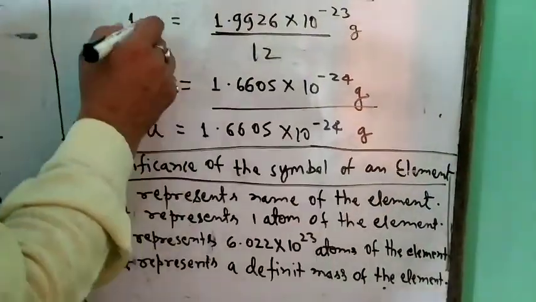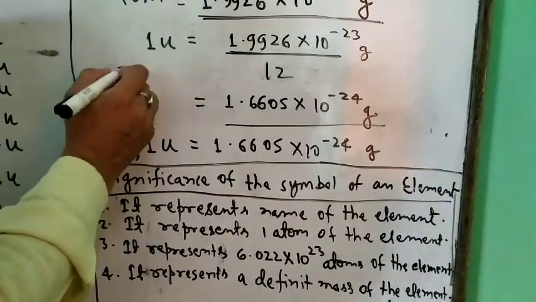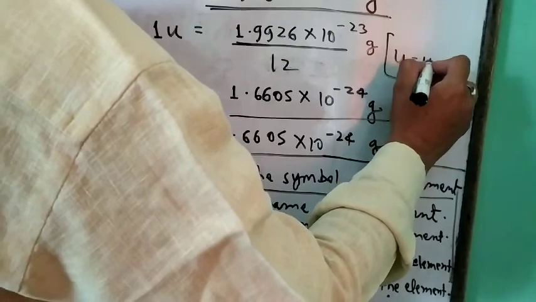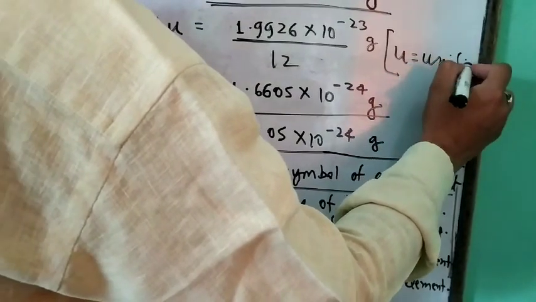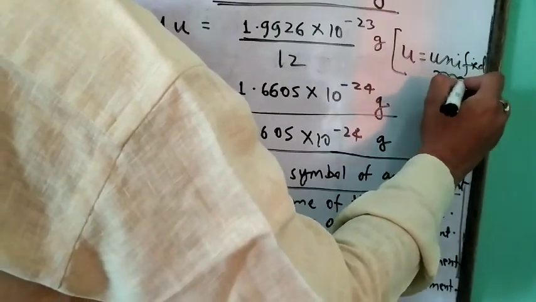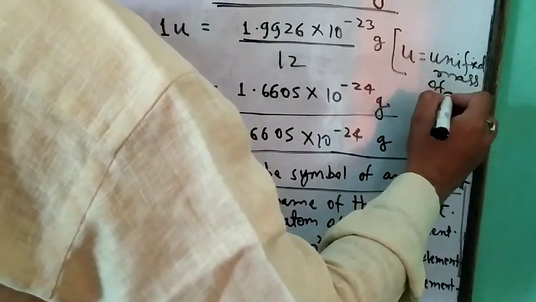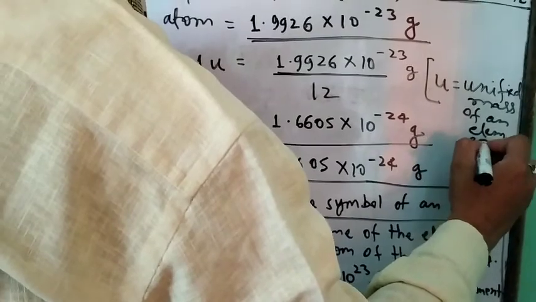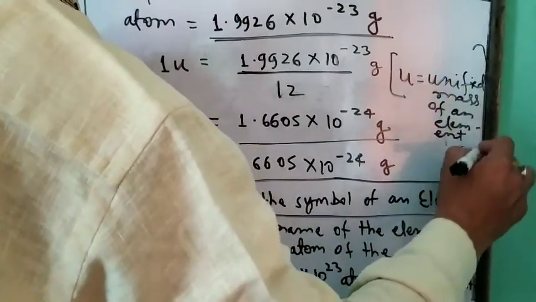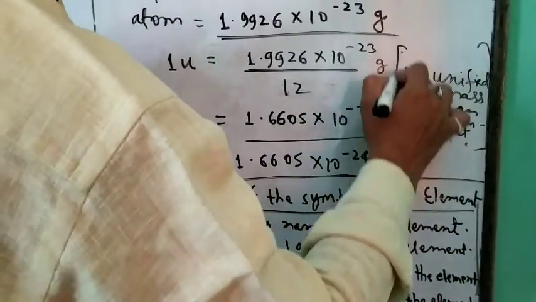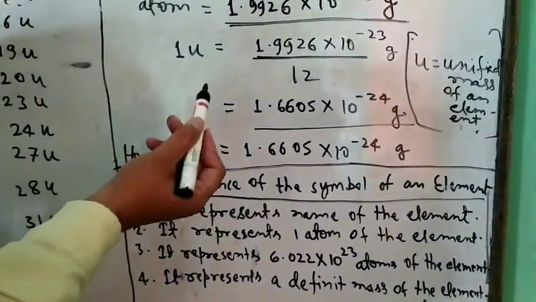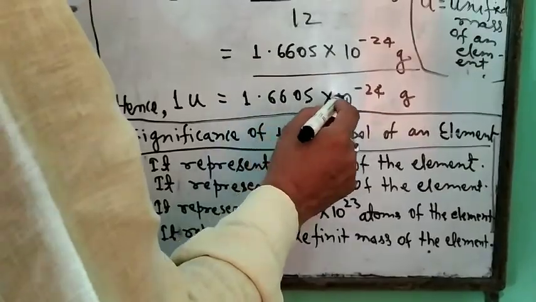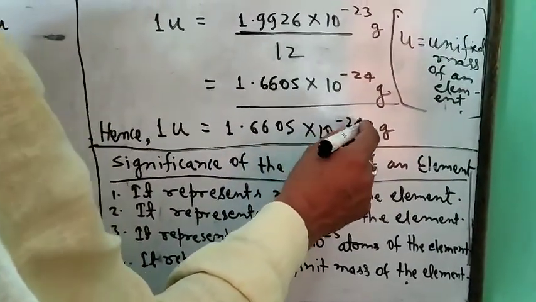So one unified mass, u, means the unified mass of an element, is equal to 1.6605 times 10 to the power minus 24 gram.